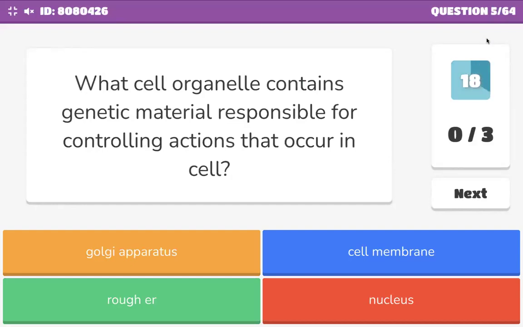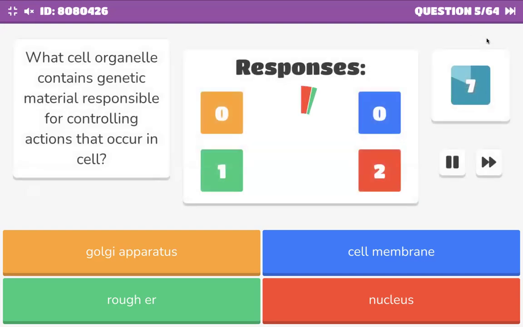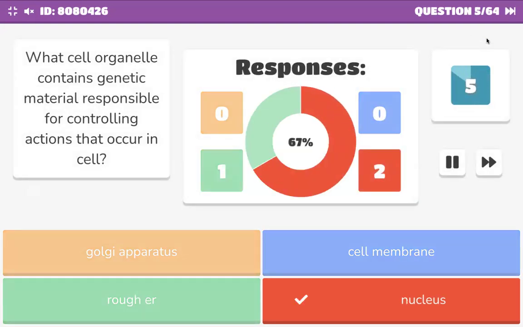What cell organelle contains genetic material responsible for controlling actions that occur in the cell? Yep, the nucleus.